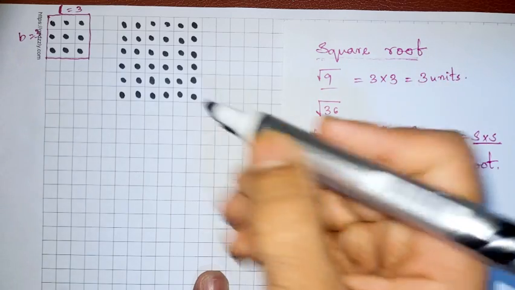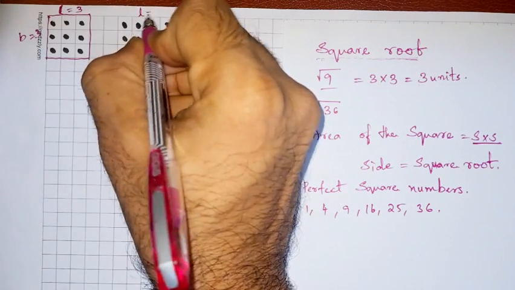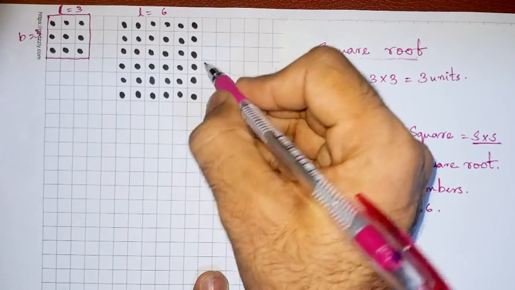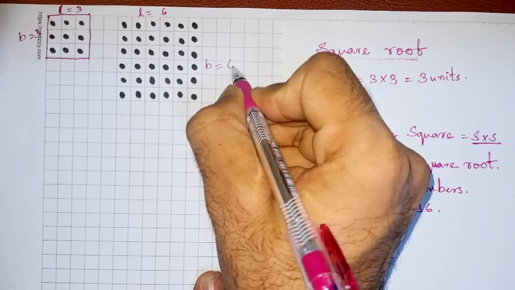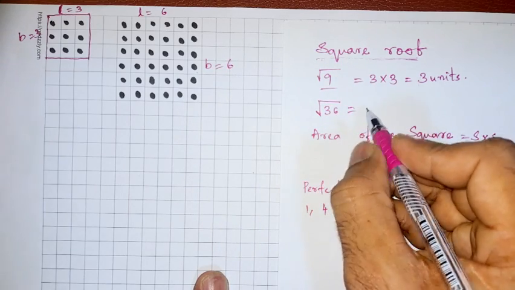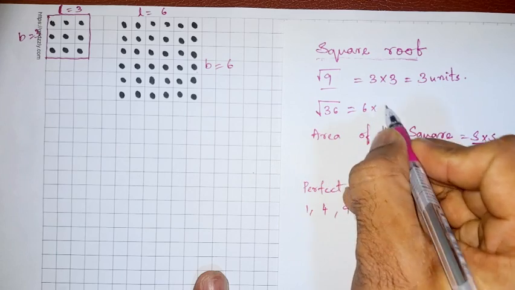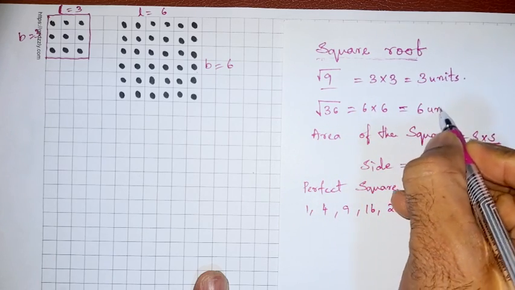The length here is 6 and the breadth is also 6. So the area of the square is side into side, that is 6 into 6. So the side of the square is 6 units.